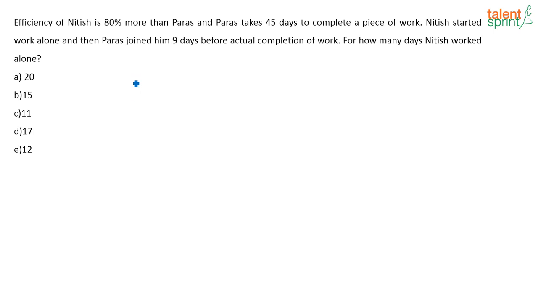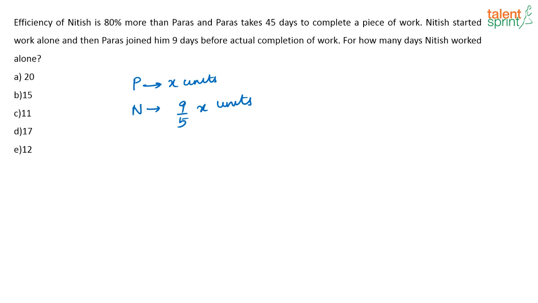So, I'm just going to assume that if Paras is doing X units of work in a day, then how many units of work will Nitish do in a day? 9 by 5 X. It is given Nitish is 80% more efficient than Paras, so 80% more means 180 by 100 X, which is nothing but 9 by 5 X. Correct? So when Paras does X units of work, Nitish will do 9 by 5 X units of work.